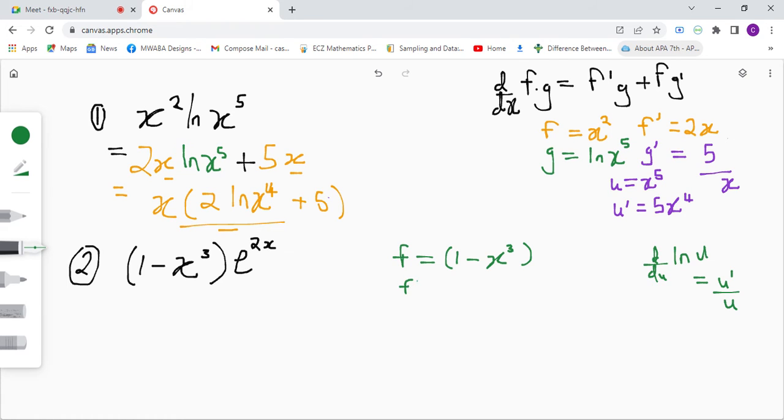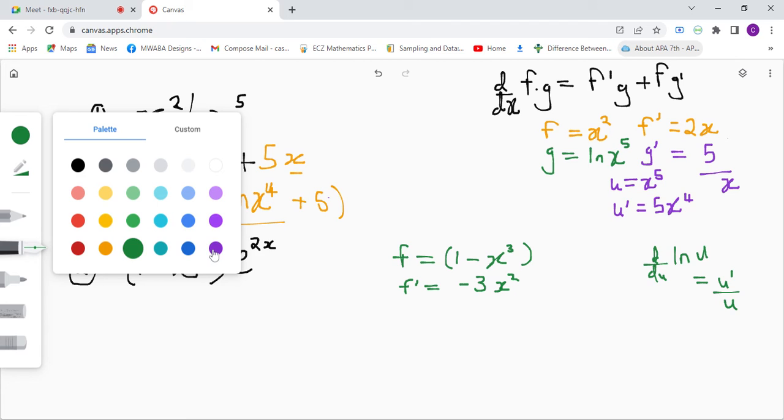So f prime: the derivative of 1 is 0, and the derivative of x cubed is 3x to the power 2, so we have negative 3x squared.